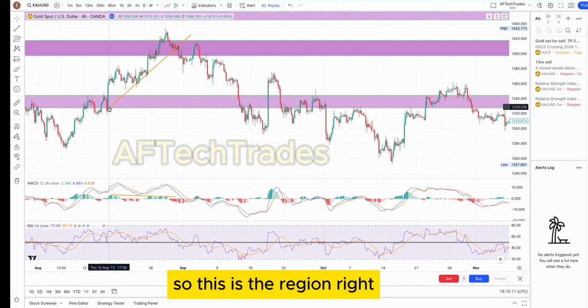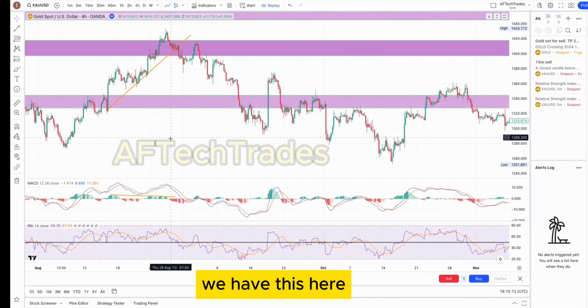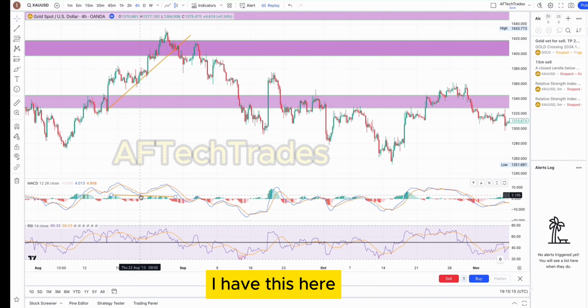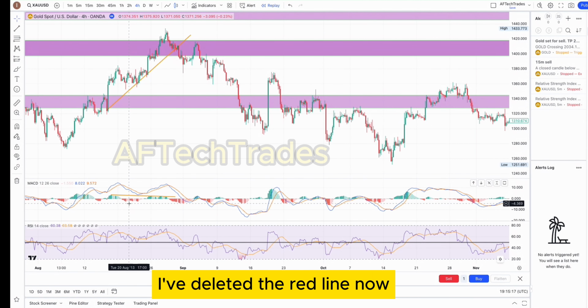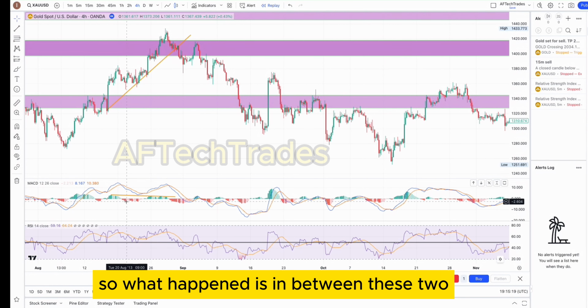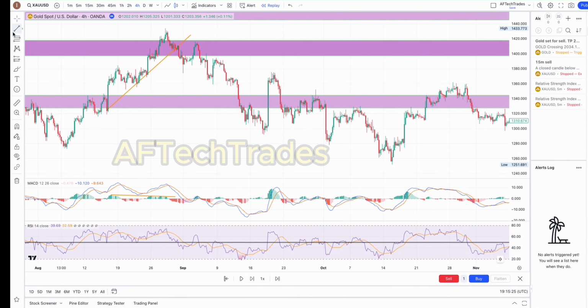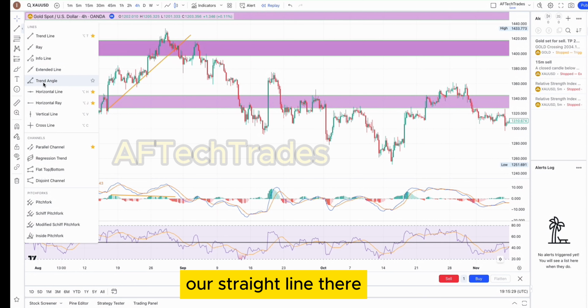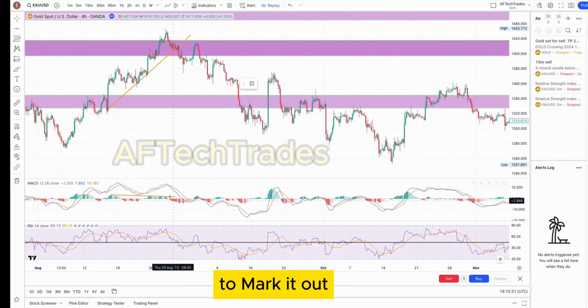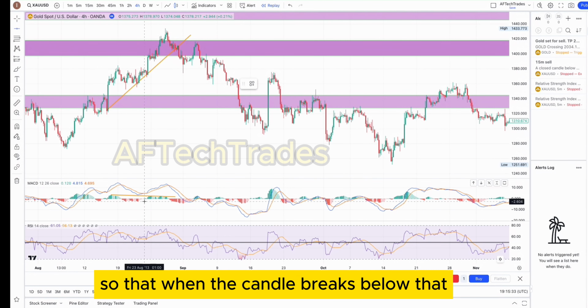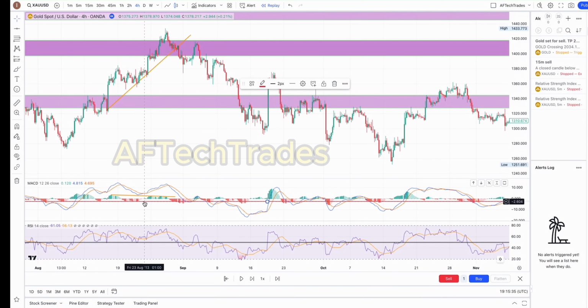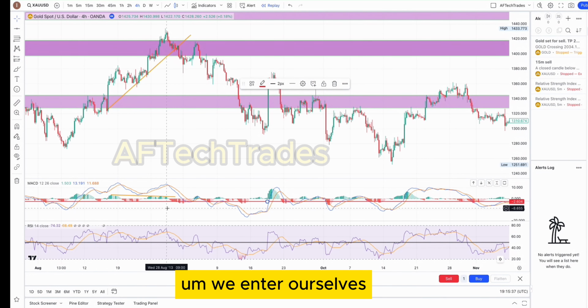So this is the region, right? We have this here. I have this here. Then I said, okay, I've deleted the red line now. So what happened is in between these two, you look for the lowest point, which is here. As usual, we will put our straight line there to mark it out, so that when the candle breaks below that, we enter our sell.